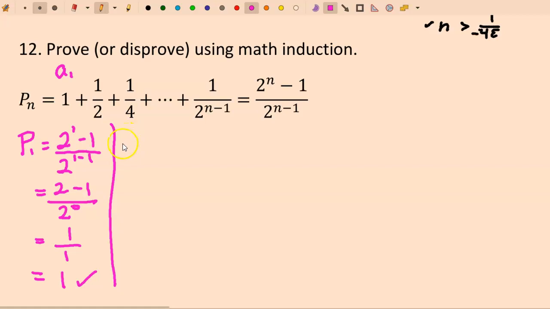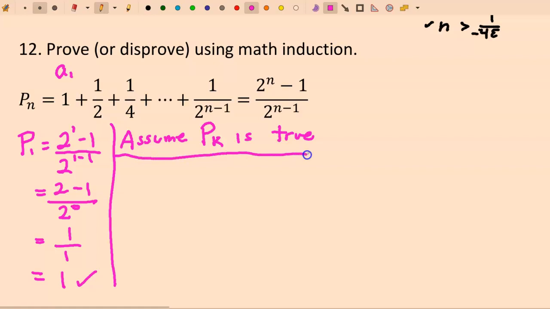Let's just assume P sub k, no matter what k is, 1, 2, 3, 4, 5, any finite number, it's true. Assume it's true. It works. So we can go through and plug in 2, and see if we get 1/2. We can plug in 3, verify we get 1/4. We could do that, but just for argument's sake, we're going to say step 2, let's just assume it's true.